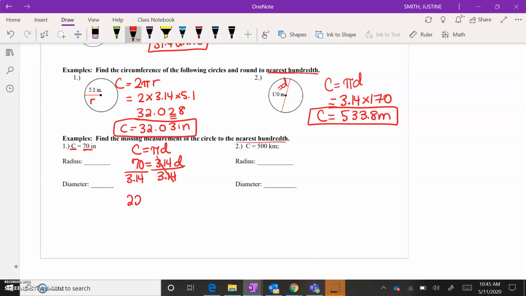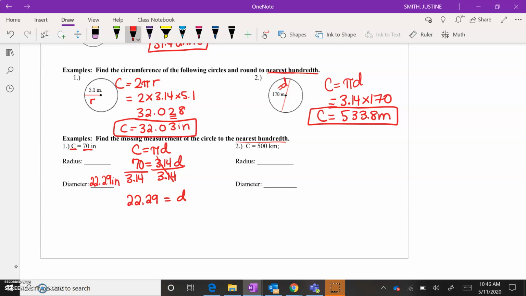Okay, so 22.29. Okay, so my diameter is 22.29 inches. Now, to get my radius, I'm just going to take my diameter and divide it in half, right?